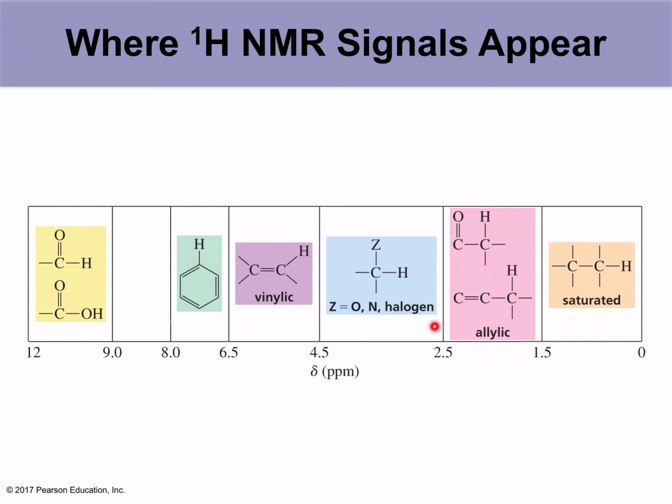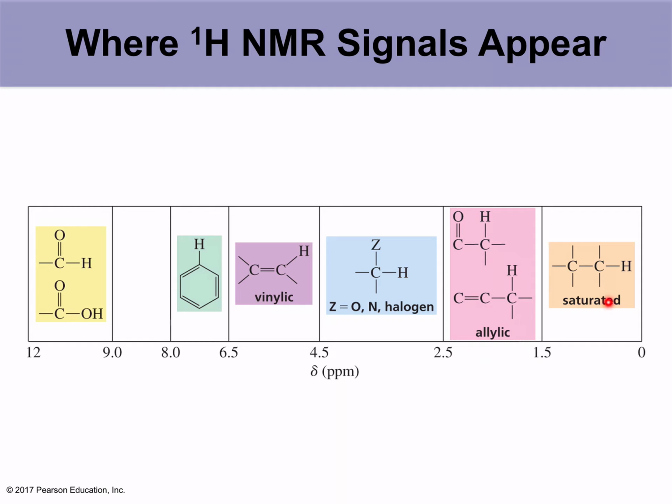the halogen type. And then the allylic hydrogens, allylic means that the hydrogen is on a carbon, and this carbon is not the double bond but the adjacent one, so we call it allylic, and this is vinylic. So allylic, sp2 carbon is the next one, so that appears between 1.5 to 2.5.